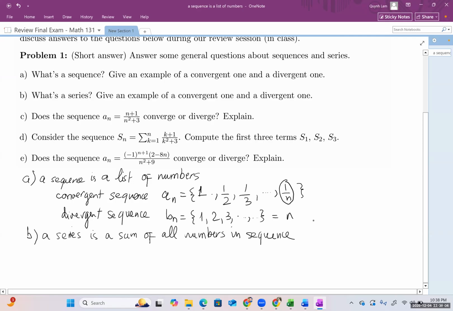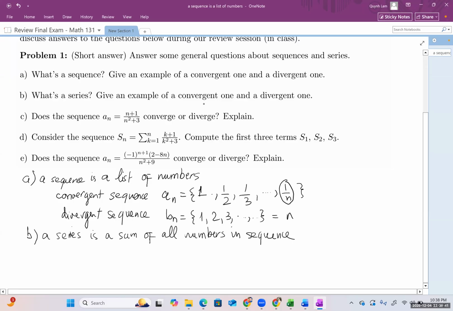So, for example, if I keep working with a_n over here, you add all these numbers together to get a series, right? Let me give an example of a convergent one.